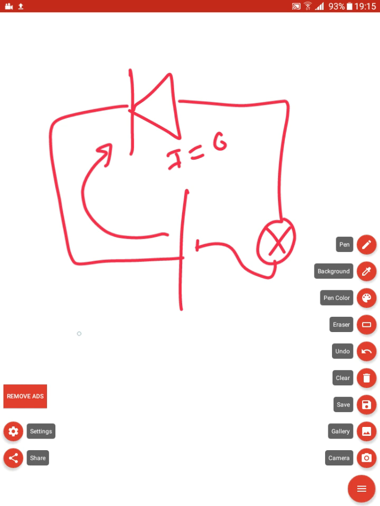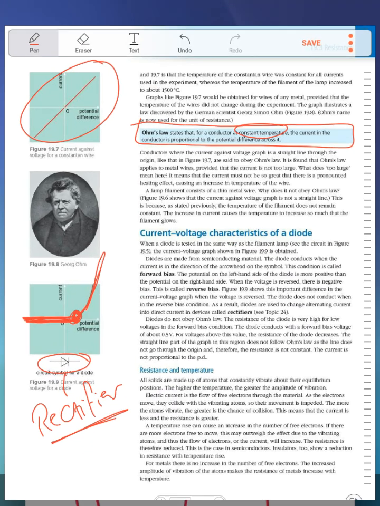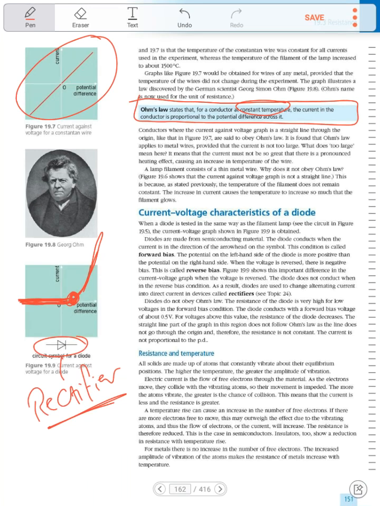And you remember very well that the diode can change alternating current to direct current. How? By allowing the current to pass in one direction only, just the upper side or lower side. So this is the diode, which is a non-ohmic resistor.